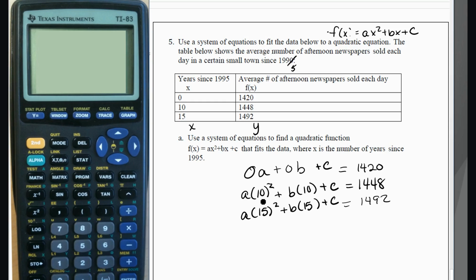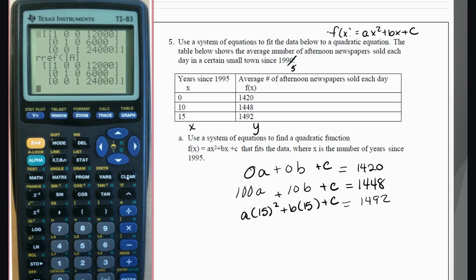Now this is a times 10 squared. 10 squared is 100, so I'll rewrite this as 100a. And this is b times 10, so I'll rewrite that as 10b plus c. Here we have 15 squared, which unfortunately, I don't remember what 15 squared is. 225, there we go.